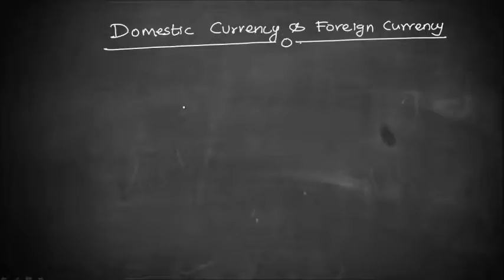When we talk about international finance, we should know what is domestic currency and what is foreign currency. What is the actual difference between them? For this purpose, let us assume I operate from India, and India's home currency is rupees.